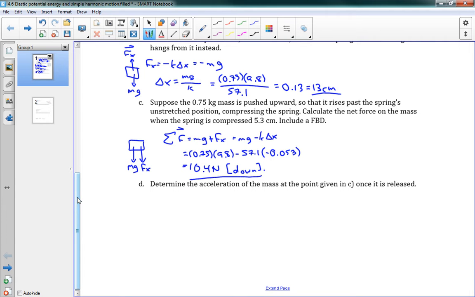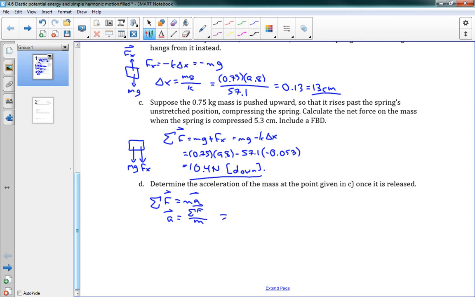Now we want to determine the acceleration of the mass at the point given in C once it is released. Okay, so we have the point given in C. We're going to release it. And what's our acceleration? Well, we can say net force equals ma. A is equal to net force over m.